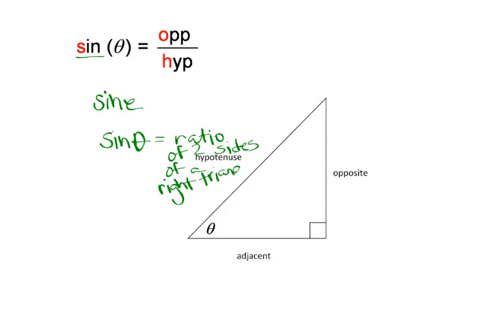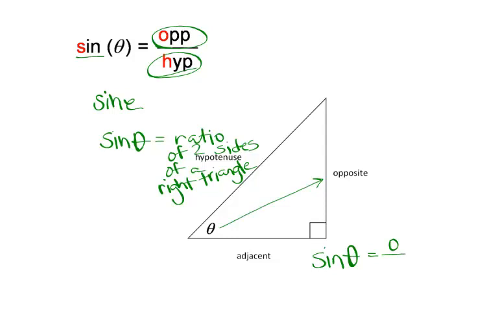And it's specifically the 2 sides that are the opposite side and the hypotenuse. So the sine of theta is always the opposite side of the right triangle from the angle theta divided by the hypotenuse. So sine is opposite over hypotenuse.